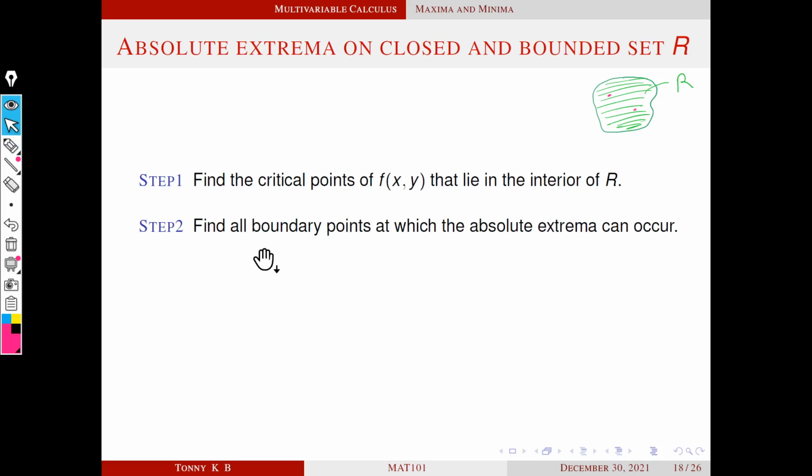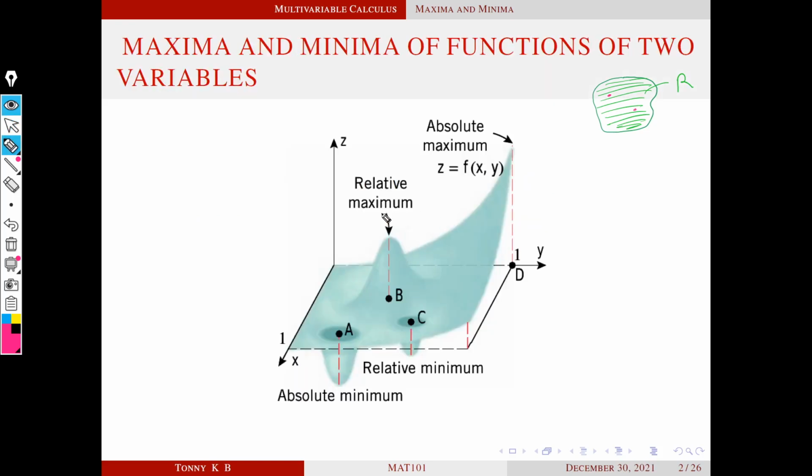Step two. Find all the boundary points at which the absolute extrema can occur, since absolute extrema may occur on the boundary points.